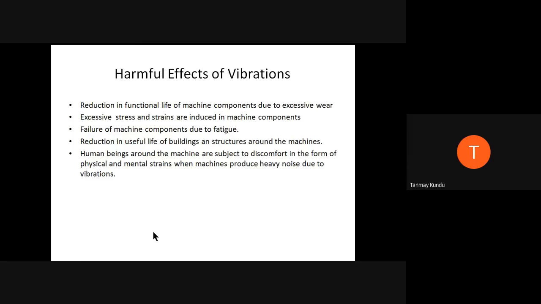You know what the yield point is: in the stress strain diagram, it is the point where the material reaches its plastic deformation zone, the permanent deformation zone, and the material will never come back to its original shape. At that point the material loses its elasticity. Due to fatigue, the material fails even before the yield point.